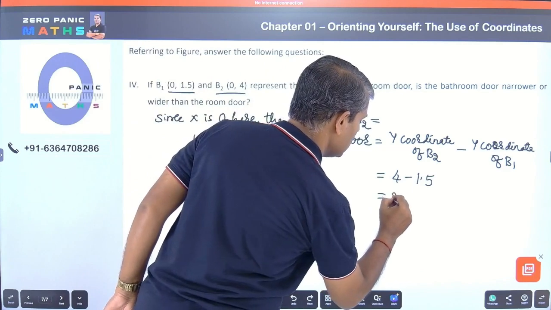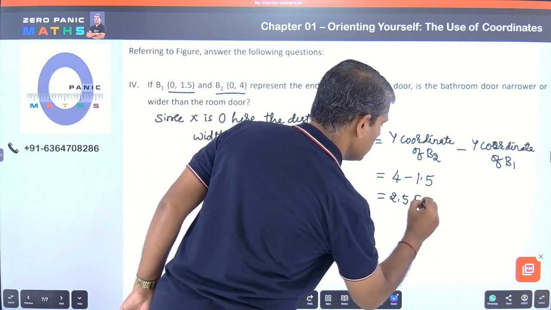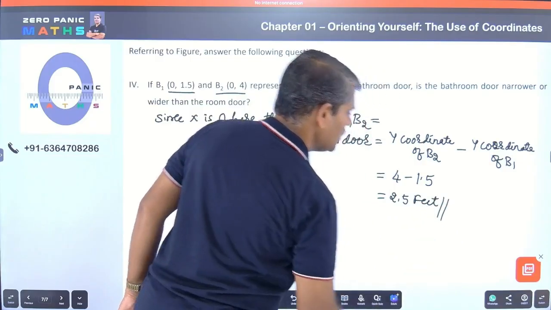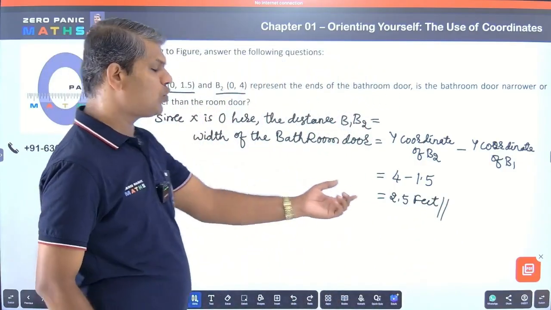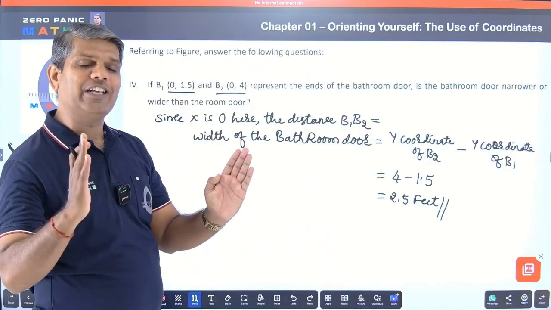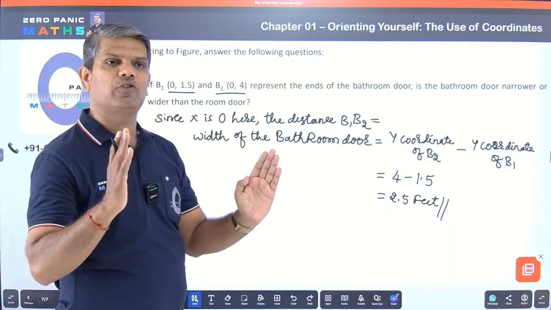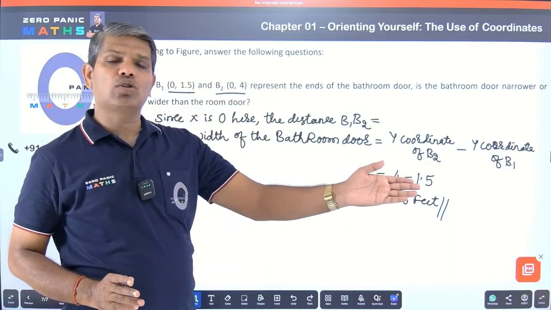So the width of the bathroom door is 2.5 feet, which is a little bit small, exactly 1 foot smaller compared to the door to the room.